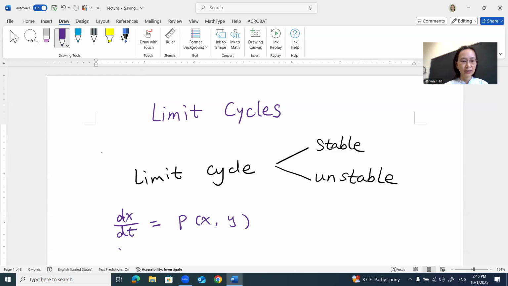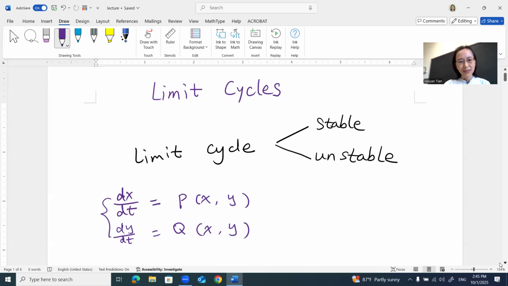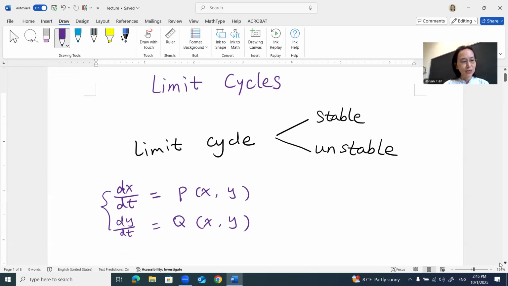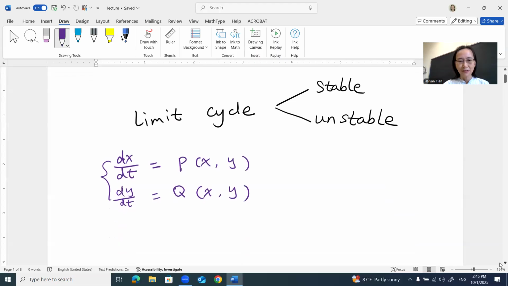The second equation, the derivative of y, is an expression also of x and y. So we will look at a system of two equations and then try to do some analysis of equations of this form.